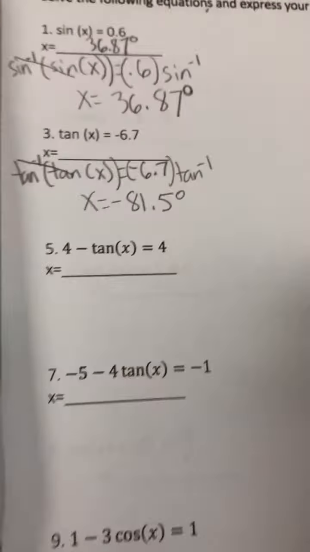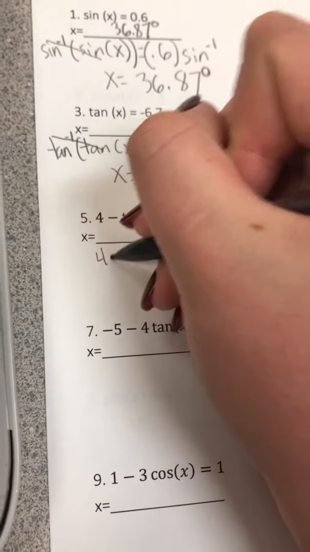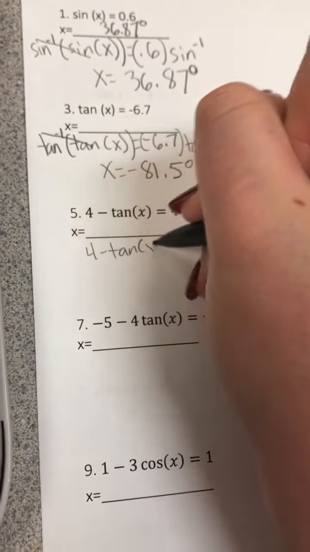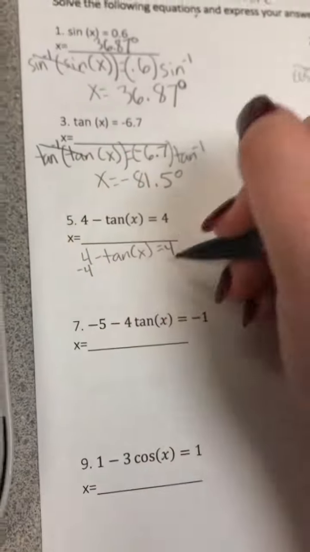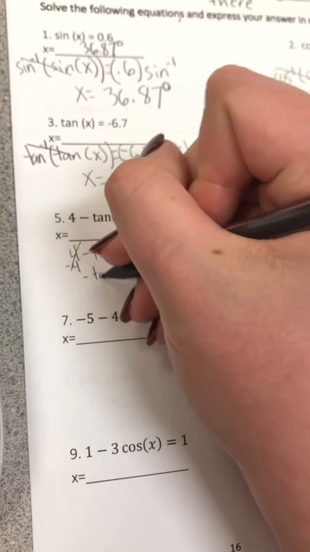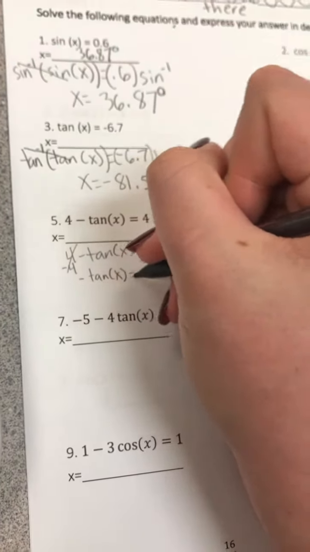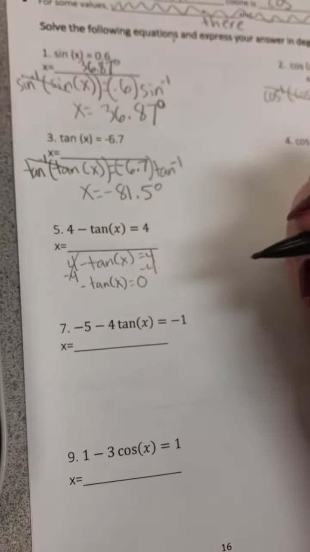Now for 5 you're solving it, so you've got 4 minus tangent of x equals 4. I'm going to subtract 4 from both sides, so I have a negative tangent of x equals, well, 4 minus 4 is 0.